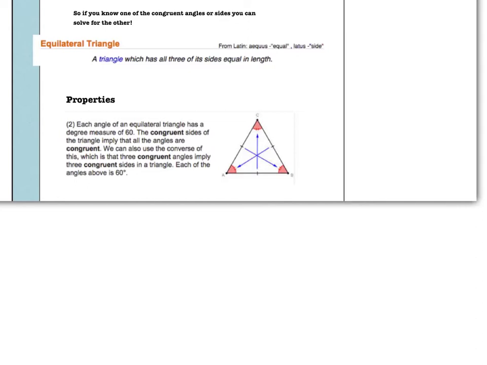We can also use the converse of this, which states that if we have three congruent angles in one triangle, that would imply that you have three congruent sides in a triangle. Each of the angles is 60.